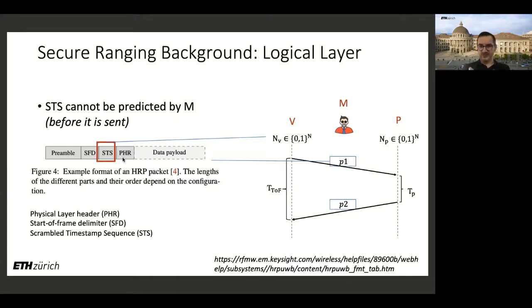In LRP mode, which is the second mode of 802.15.4z, there is another sequence, essentially random payload, which is used for the same purpose. So in that sense, these two modes are pretty similar, right? There are some other fields around, but those are like a preamble, fixed and known to the adversary. What the adversary cannot guess is this STS sequence.